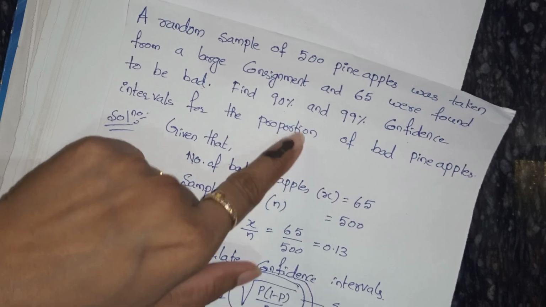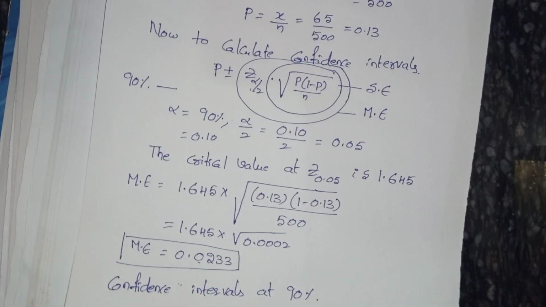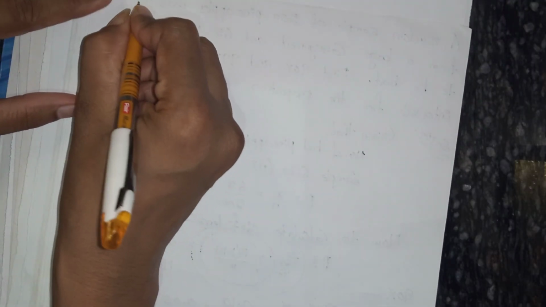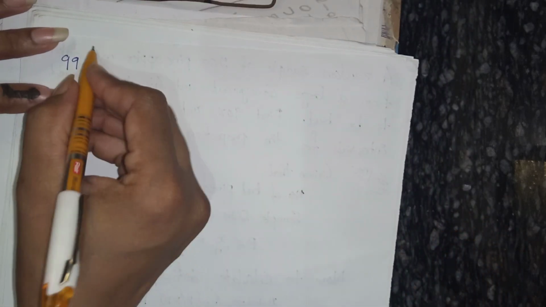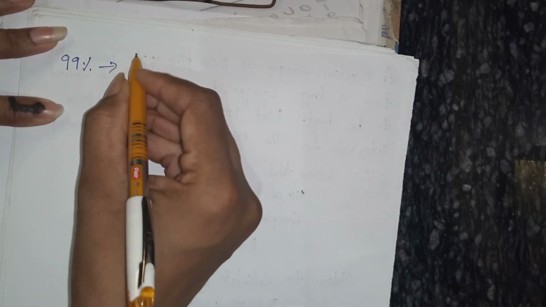Again, what do we have to calculate here? 99%. So for 99%, what is the alpha value?